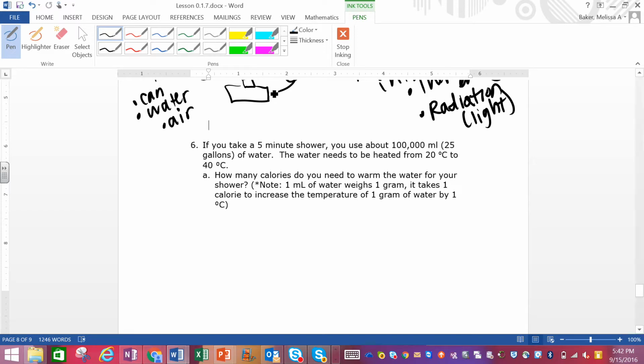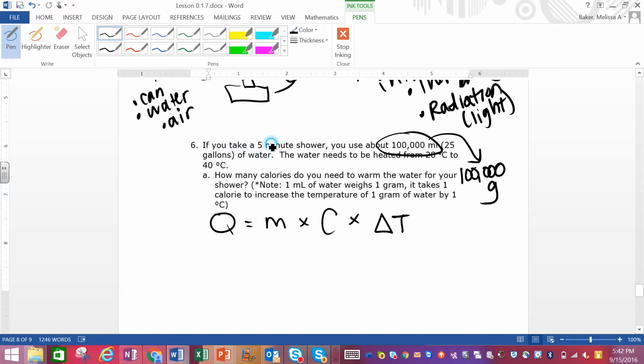Okay, so first of all, how many grams of water do I have if I have 100,000 milliliters? 1 milliliter weighs 1 gram. So I've got 100,000 grams of water that I'm trying to heat up for my shower. I recognize this as a heat equals mass of the water times the specific heat times the change in temperature type of problem.